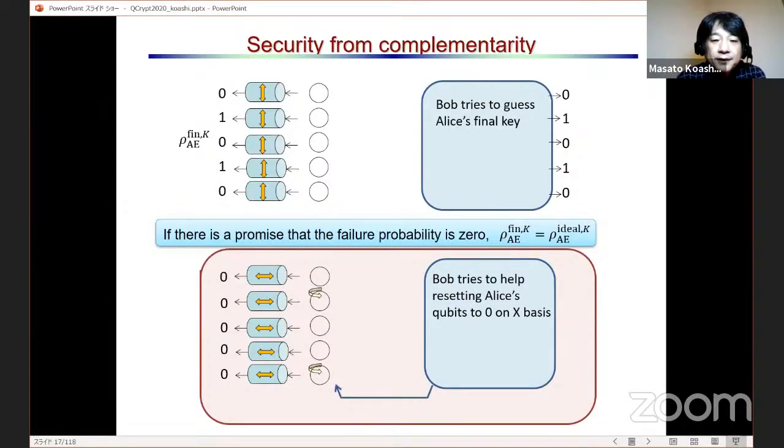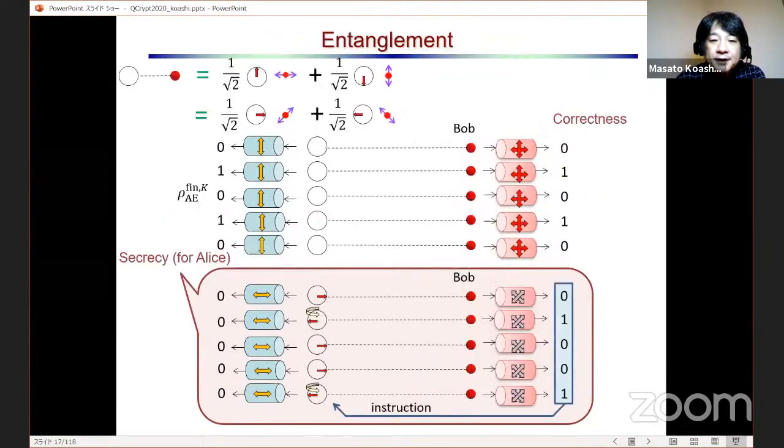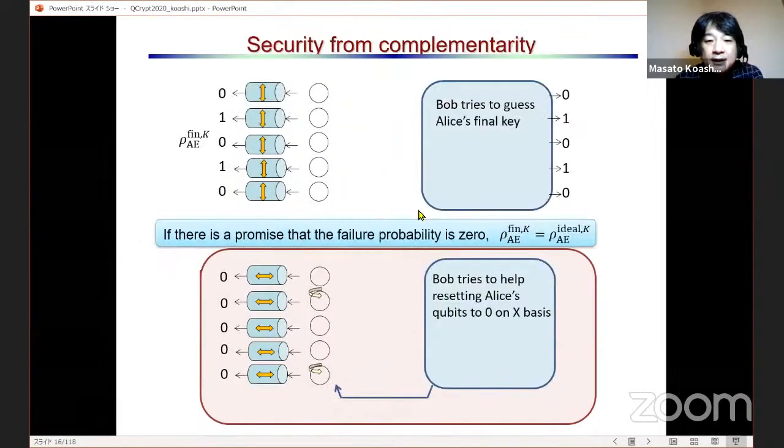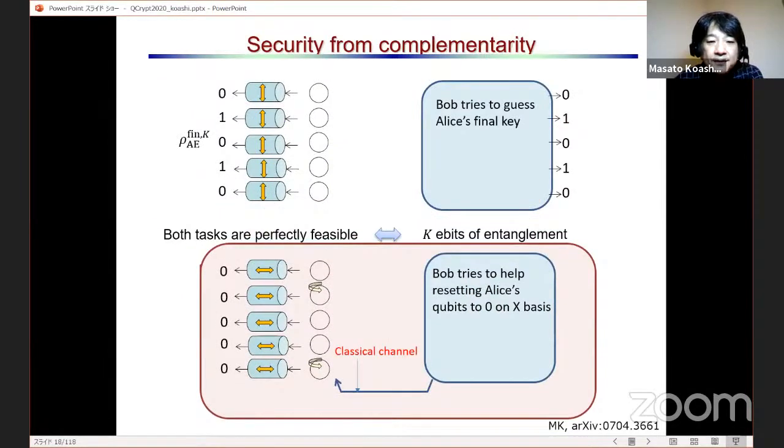Now, maybe you feel that this is just rephrasing that you can create a perfect secret key from a maximally entangled state. And that's true if you confine this communication here to a classical channel. Then the fact that both tasks are perfectly feasible is equivalent to sharing k bits of entanglement.